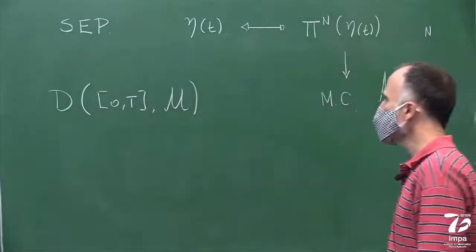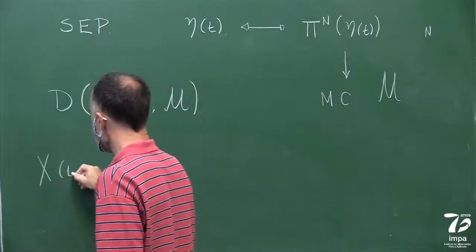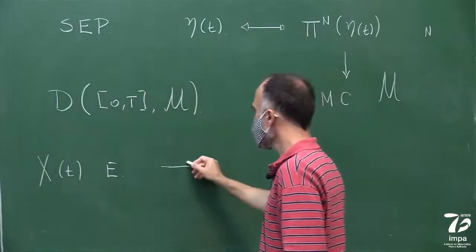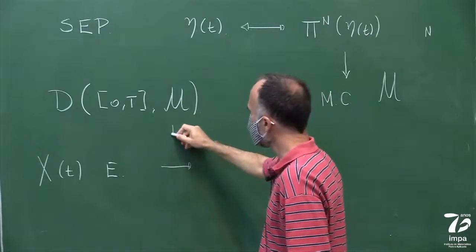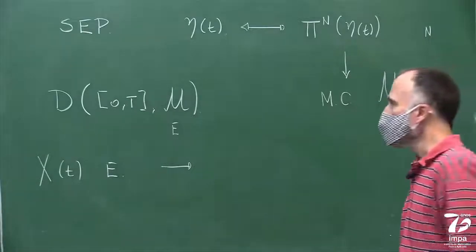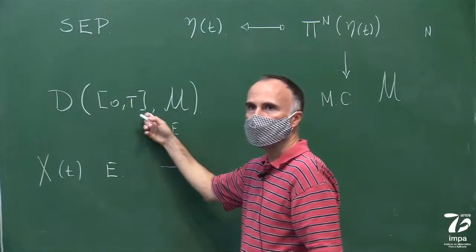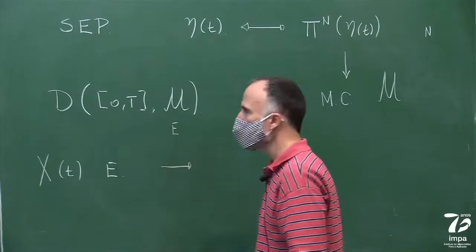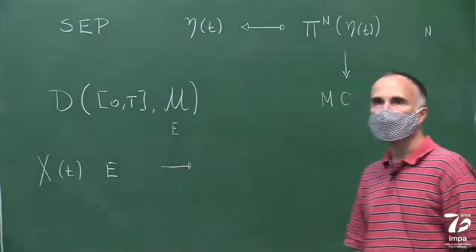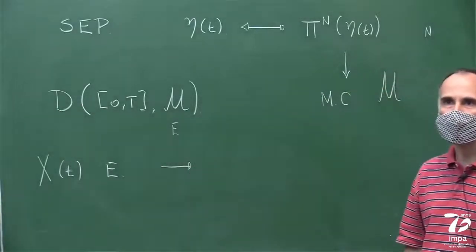Okay, remember that if I had a Markov process x t, taking values on some space E, I could construct a measure on this space D of [0,T], E, where instead of M I have E, the space of right continuous functions with left limits. And if M is a complete separable metric space, I define the metric in this space, a topology in this space.